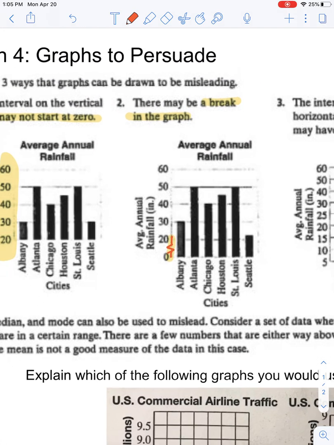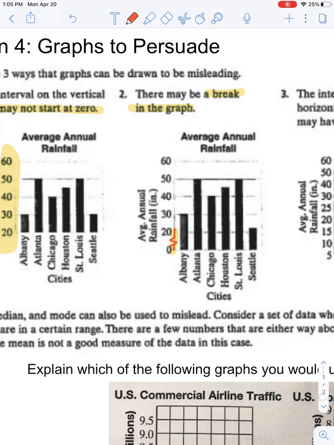It kind of looks like a Z in the graph between the 2 data points. If you look at the y-axis on this graph, you can see that they're counting by tens, but in this very little gap right here, it actually skips counting by 10, and it makes those bars appear lower again because of the break in the graph.